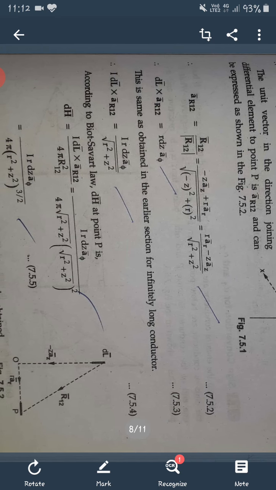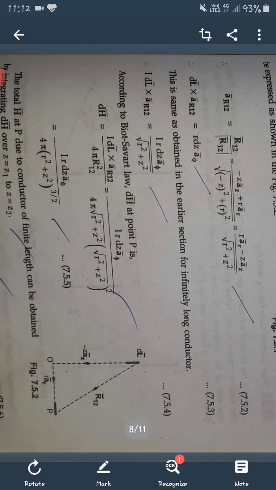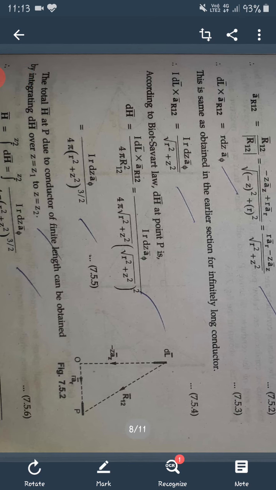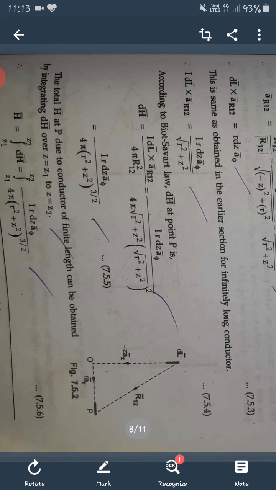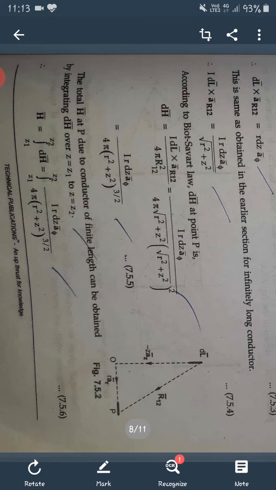Now according to Biot-Savart's law, dH at point P is given by dH vector equals I dl cross ar12 by 4 pi r12 square. By substituting all, we get I r dz a phi by 4 pi into r square plus z square to the power 3 by 2.